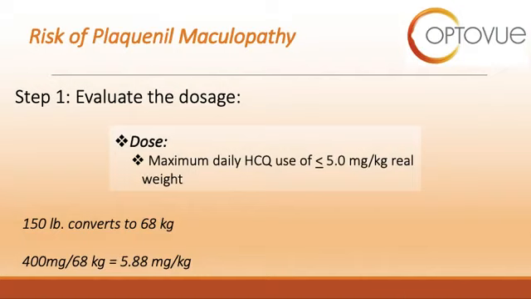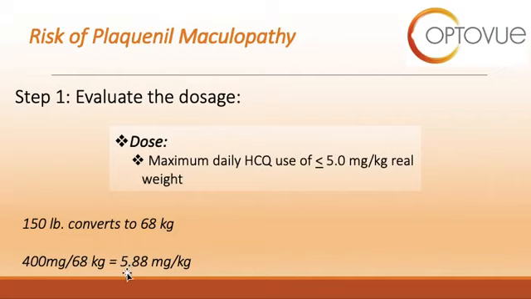So let's say this patient weighs 150 pounds. The first thing you want to do is put the pounds into kilograms, so that we can use this conversion. So 150 pounds converts to 68 kilograms. Then you can divide her dosage, which is 400 milligrams, by her weight, which is 68 kilograms.